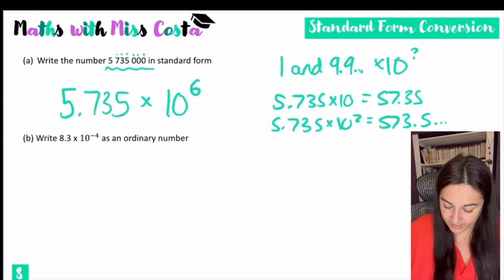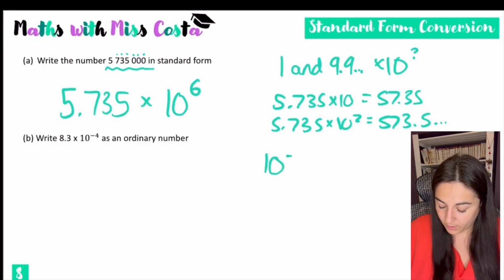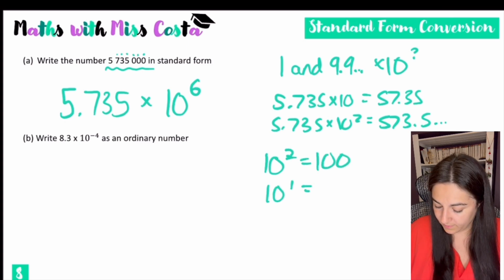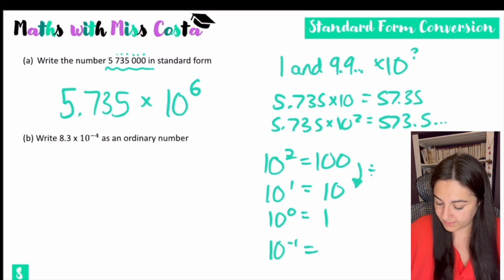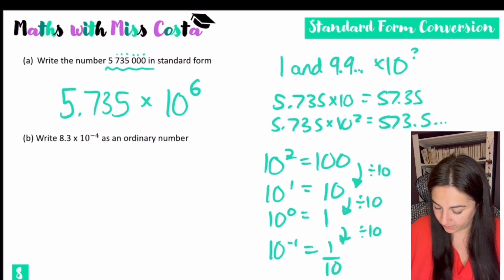Over here, when you've got a negative, so times 10 to the power of minus 4, let's think about what's happening. So if I had 10 squared, that's 100, 10 to the power of 1, that's 10, 10 to the 0, that's 1. What happens when I go into my negatives? Well, the pattern tells me I'm dividing by 10 each time. So therefore, when I go into my negatives, that means 1 over 10, or you could write that as 0.1.